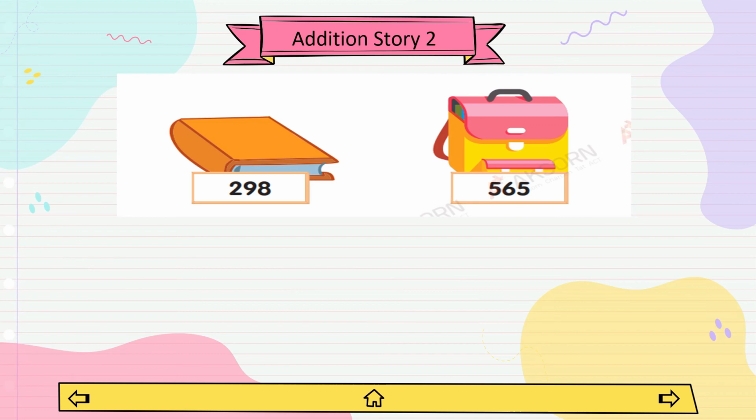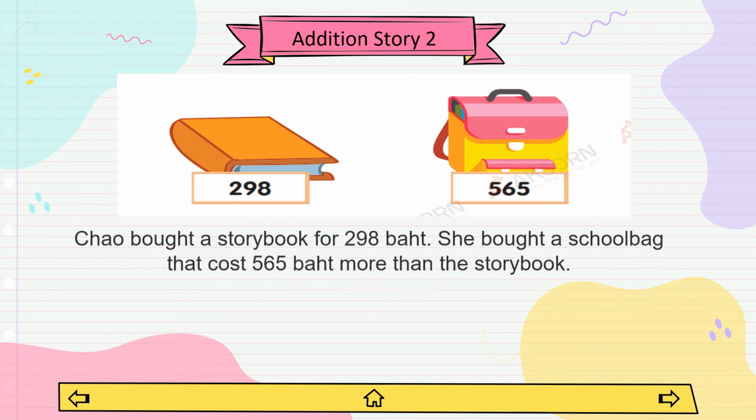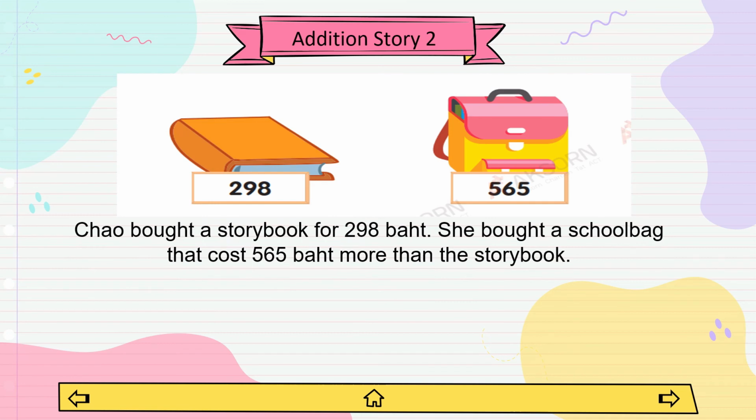For another example, we can make addition stories using the given numbers or using the picture. So Chow bought a storybook for 298 baht, and she bought a school bag that costs 565 baht more than the storybook.